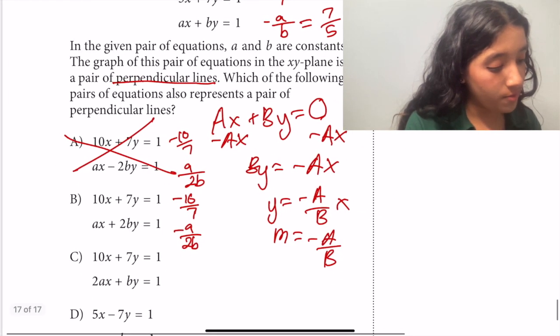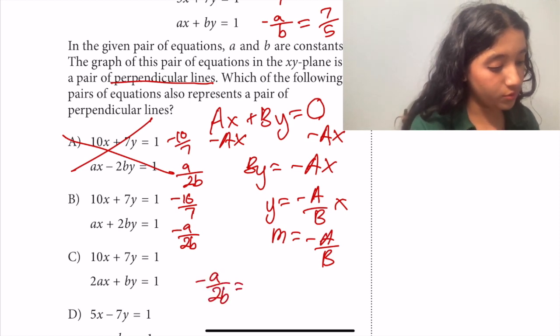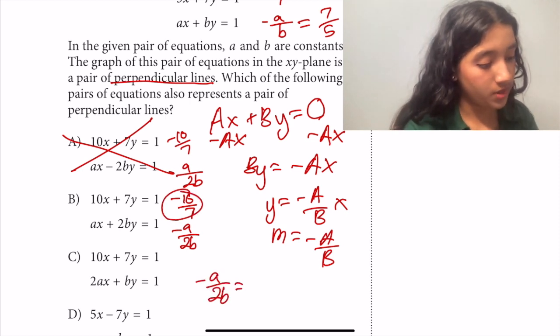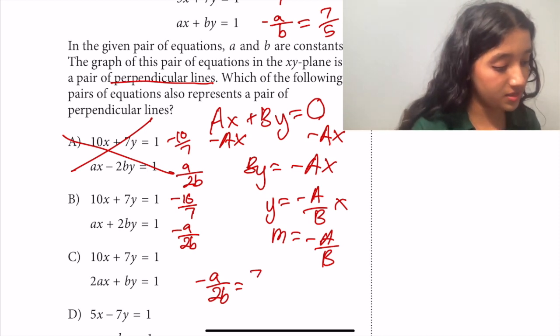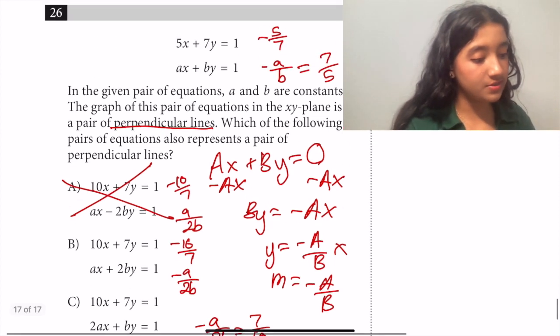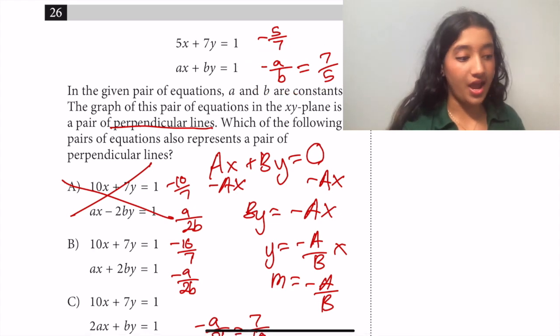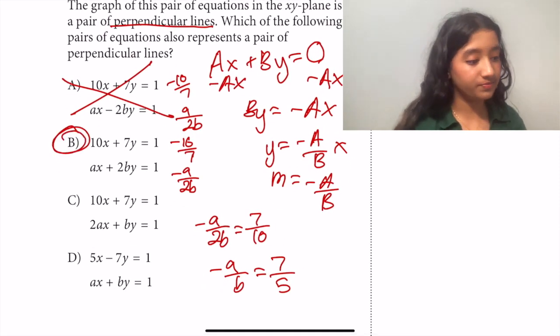The way we would do that is we set negative a over 2b equal to the negative reciprocal of this. So if you take negative, you get 10/7, and the reciprocal of 10/7 is 7/10. If we multiply by 2 on both sides, we get that negative a over b is equal to 7/5. And that's the same equation that we had from our given equations. So we know that option B is correct.